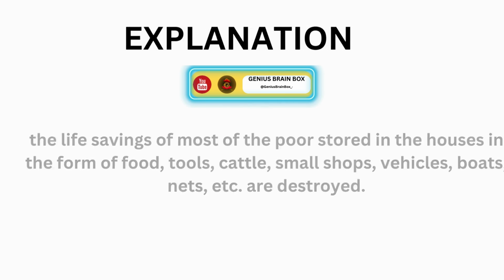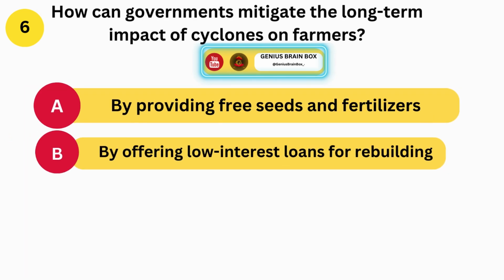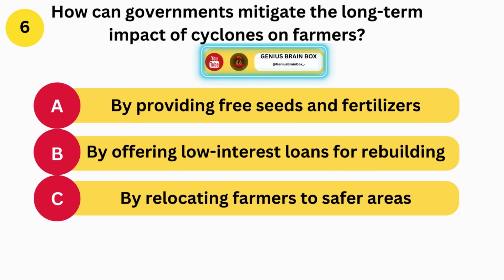are destroyed. How can governments mitigate the long-term impact of cyclones on farmers? Option A by providing free seeds and fertilizers. Option B by offering low-interest loans for rebuilding. Option C by relocating farmers to safer areas.